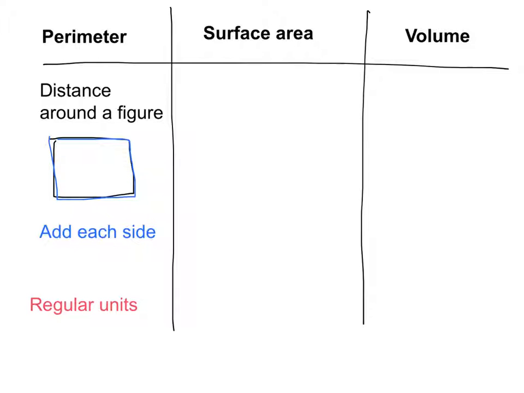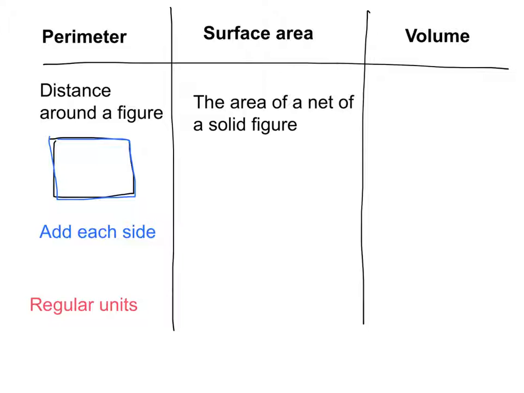Vienna? Surface area is the distance around a solid figure. It's not the distance around a solid figure, but what is it? Aditya? The area of a net. Okay, the area of a net of a solid figure.